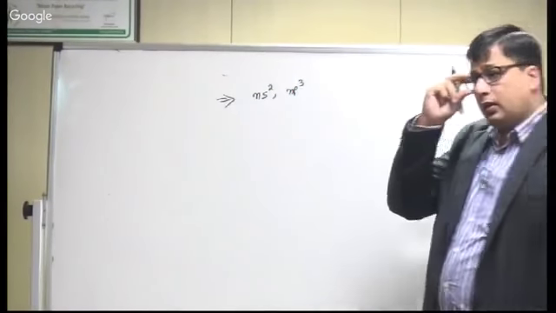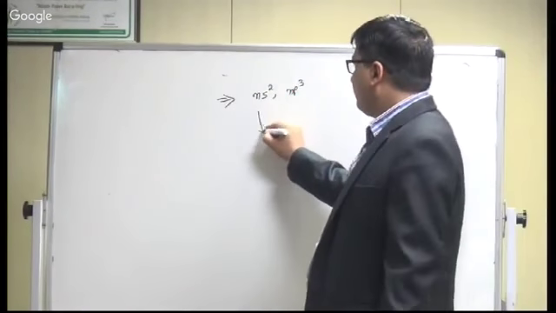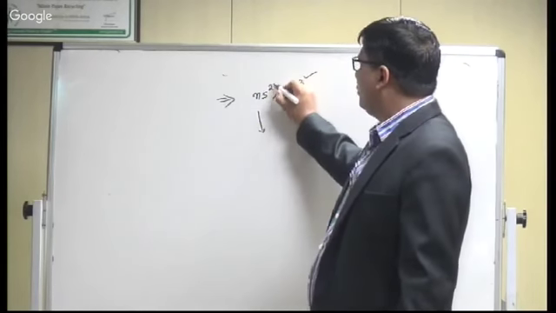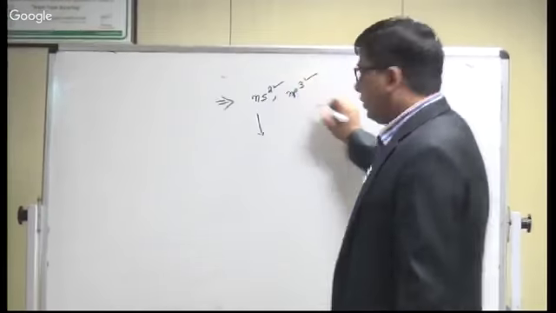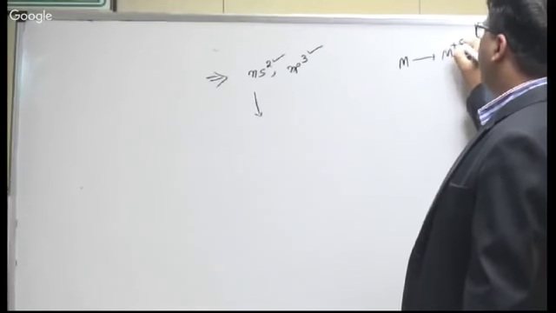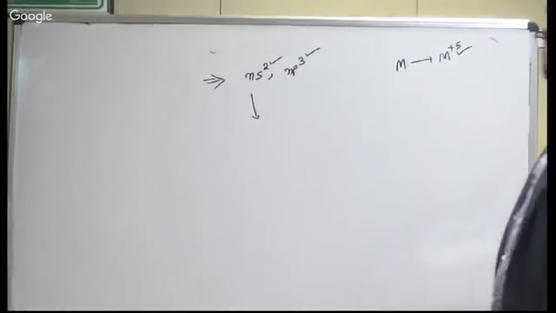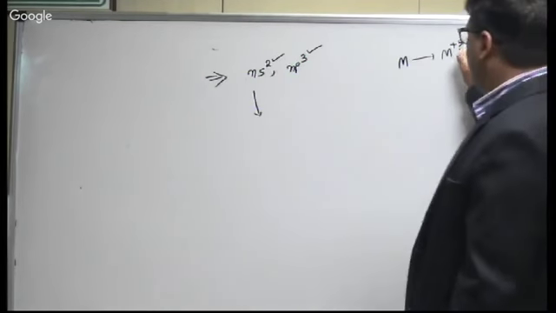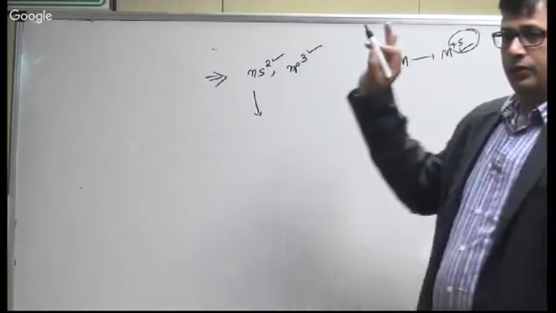So to gain the octet, there are two options. One, it can lose all these 3 and 2 electrons. If it loses all 5 electrons, it is converted to M plus 5, and it gains the octet rule. So plus 5 is one oxidation state which we can get, right?